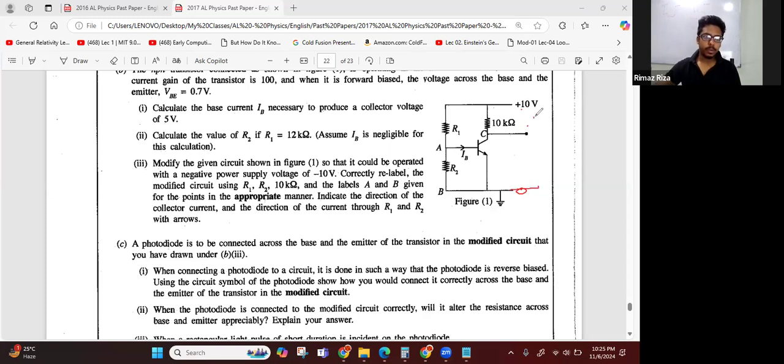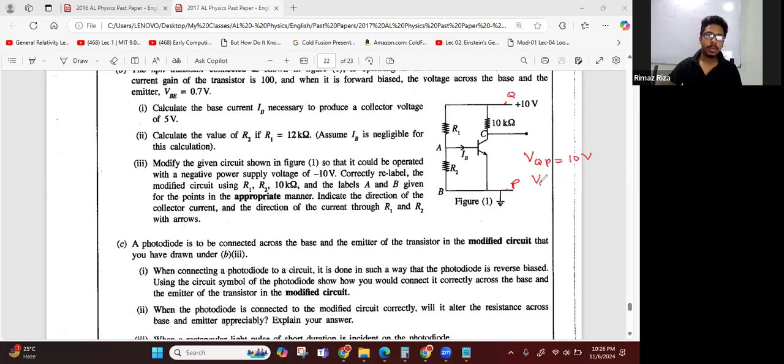Now relative to this point, let's say this point is P and this point is Q. So VQP is equal to the potential at Q relative to P, which is 10 volt.